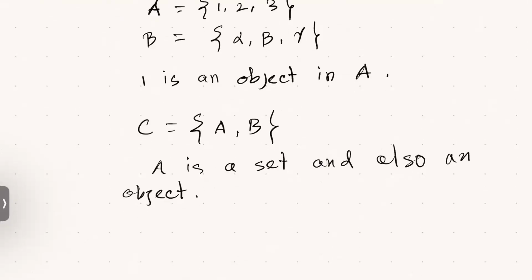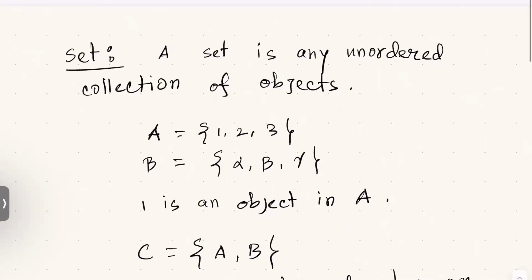A is an object of the set C. The objects are not necessarily numbers, they can be anything. So I define a set to be any unordered collection of objects. The objects can be anything.